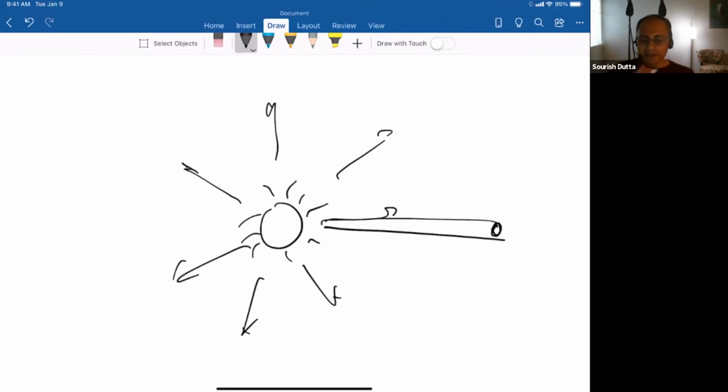Only this much energy is all that the Earth is intercepting, and that is what powers everything on the Earth. So the sun gives off an enormous amount of energy, and how much energy does a supernova explosion give off? When a star explodes, it gives off an amount of energy which is 10 to the power of 44 joules. We learned what scientific notation is last week, so you know that 10 to the power of 44 would mean 1 followed by 44 zeros, and a joule is a unit of energy.